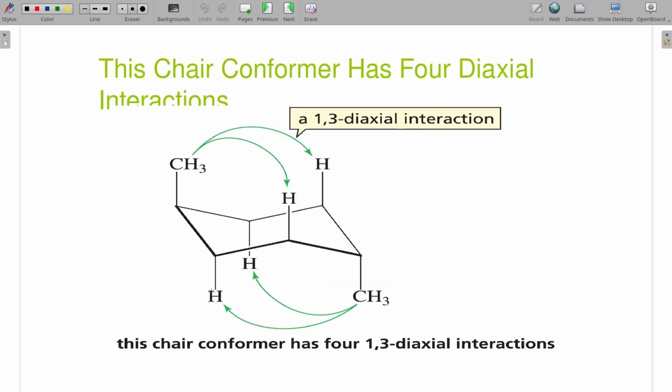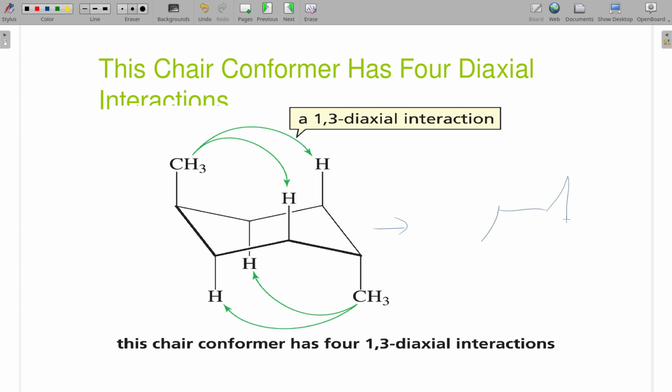And another weird thing, the interactions you have when they're both axial almost make this particular chair impossible to stay. So we can almost guarantee when we have 2 different methyl groups on there, if you have a conformer where both are axial, it's not going to stay that way. It's going to go right back to the other chair.